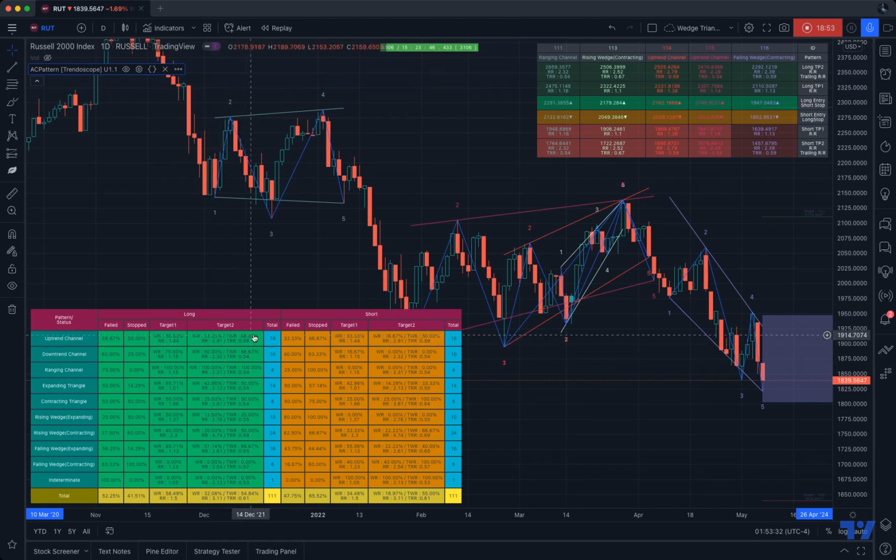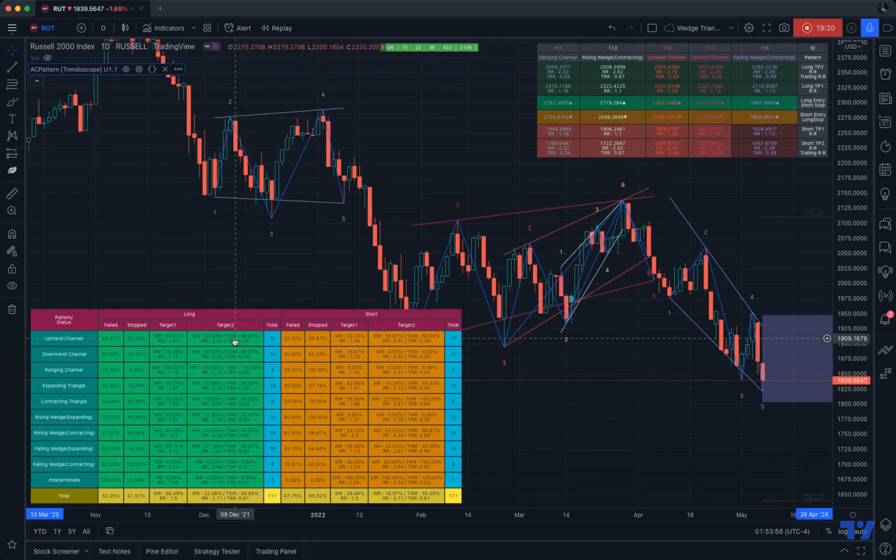The trailing win ratio is the ratio of how many trades went from target one to target two. That's called the trailing win ratio. The trailing risk reward is similar: what is the risk reward for being in the trade at target one and waiting for target two to be reached.